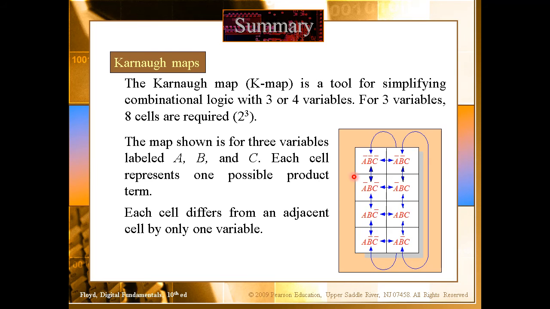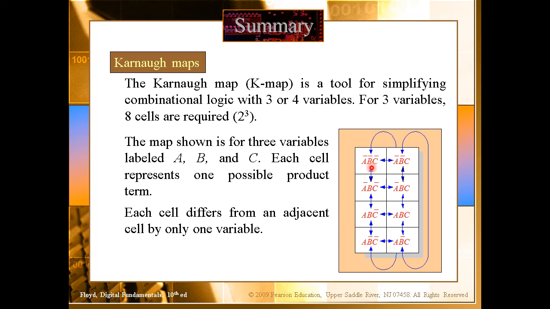But there is something a little bit tricky, because if you look more carefully, between any adjacent cells, the cells that are near each other, there is only one change, not more than that. For example, if you look here, this is A prime, B prime, C prime, right? Look at the rightmost one. The only change is C, right? Because A prime, B prime is the same. The only difference is C, which is changed.